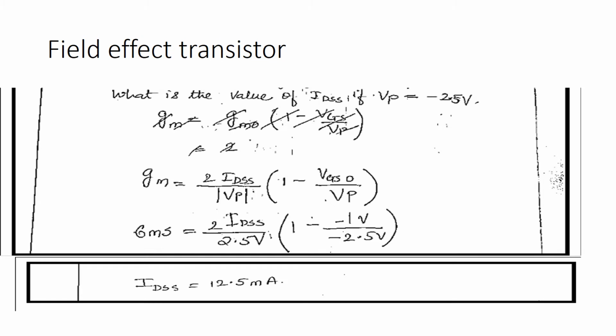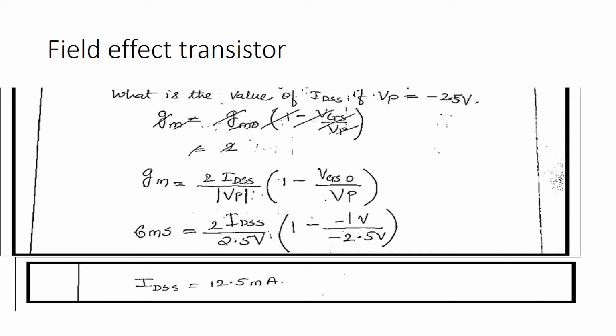Field effect transistor, once again, third problem. What is the value of IDSS if VP is equal to 2.5 volts? Here we'll take the overall current.